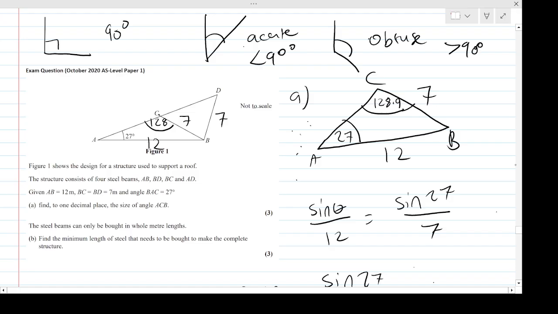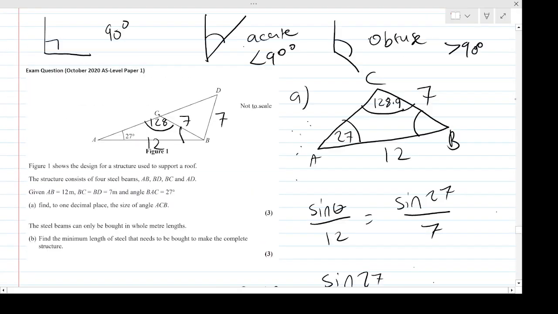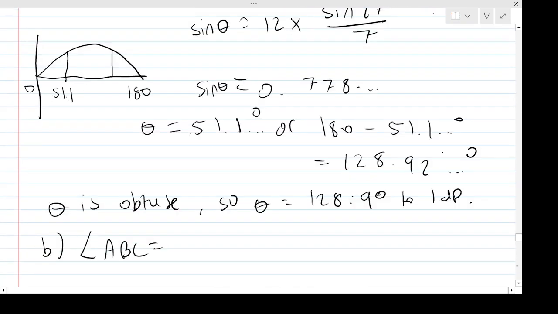Well, I can work out this angle, can't I? Because again, I know the two angles of the triangle, so I know that angle as well. That'd be that angle here. So that'd be angle ABC, and that's going to be 180 take away the other two angles, right?